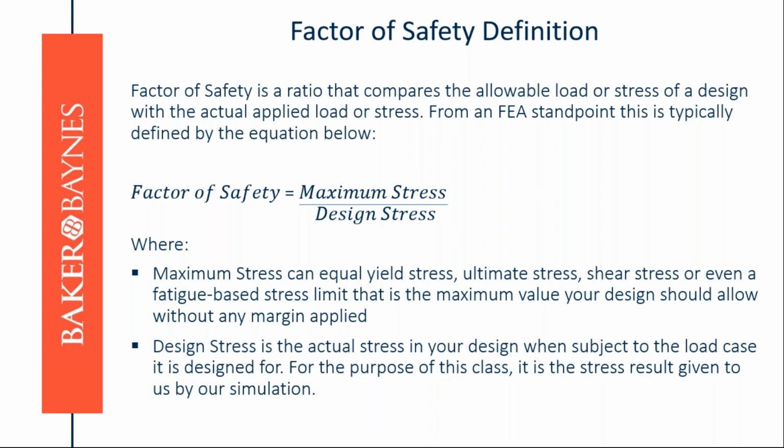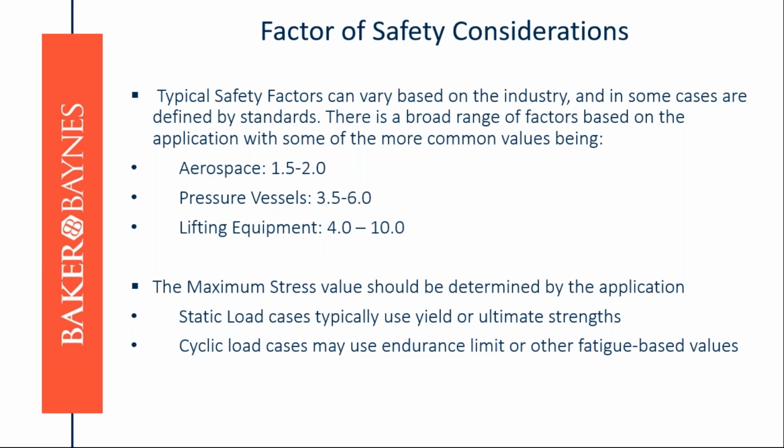So basically, we can actually check what our safety factor is when we run the simulation, as we've seen, because it gives us the slider that we can look at, but also the tabs that we can change from stress to displacement to factor of safety as well, or safety factors. Okay, the typical safety factors can vary for different industries. So just some information for you to look at. So there's a broad range of safety factors that's used depending on where and what you're doing.